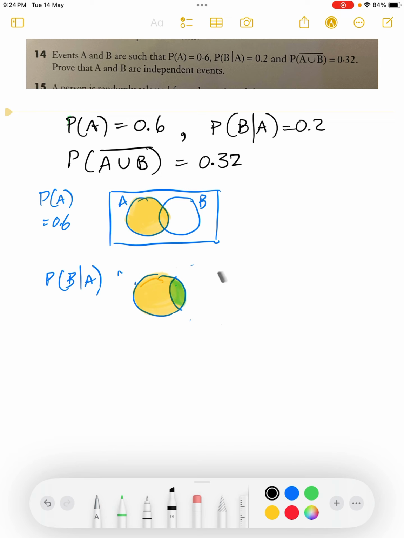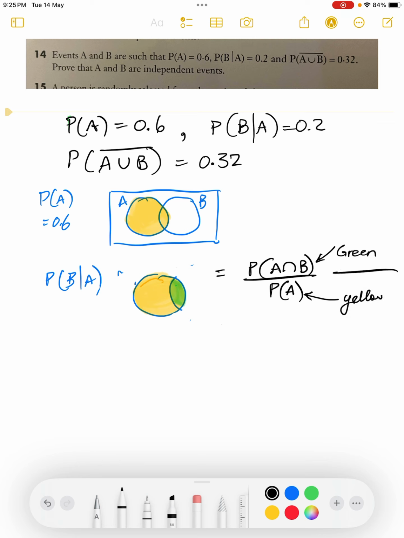And the formula for that is, you might recognize this formula, the probability of A intersect B out of the probability of A, because it's given A. That green part is the probability of A intersection B, and that is the yellow part.